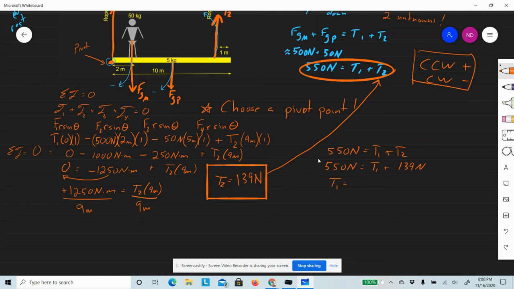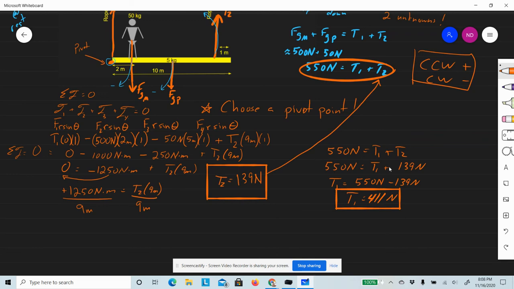So T1 is equal to 550 newtons minus 139 newtons, or 411. T1 is equal to 411 newtons. And that is the way to solve the problem.